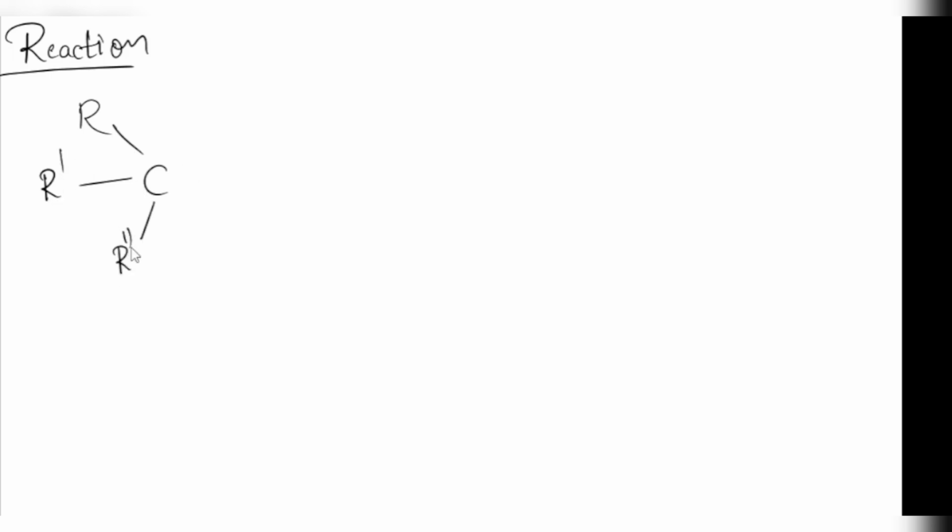We'll start with the general reaction. How can we represent an SN2 reaction? I can write it as R, R prime, R double prime, and X as a leaving group. What will happen if I add a nucleophile, which I will represent as Nu minus with a lone pair?